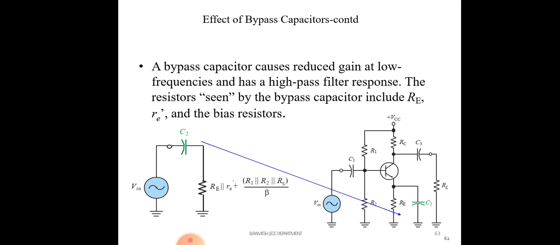The bypass capacitor is in parallel with the RE resistor. So the resistance is RE in parallel with re dash plus R1, R2 and the source resistance divided by the current gain. This is the calculation, and the bypass network affects the frequency response at low frequency only.